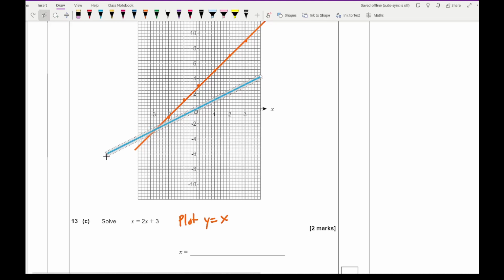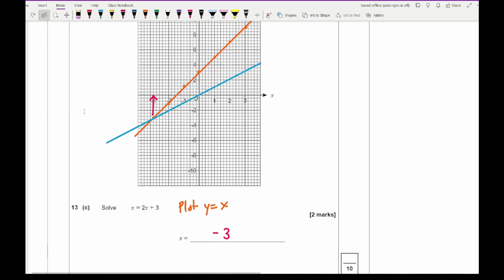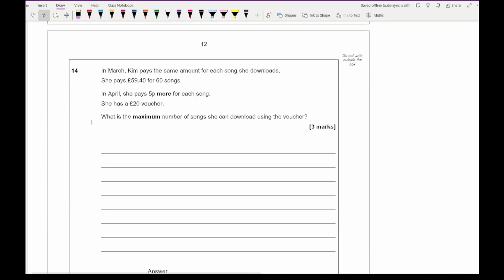Oh, that's slightly above, so let me go down a little bit. And so the solution for this is going to be minus 3, because that's where those two lines meet, and as soon as they do, I go up, so the answer is minus 3.